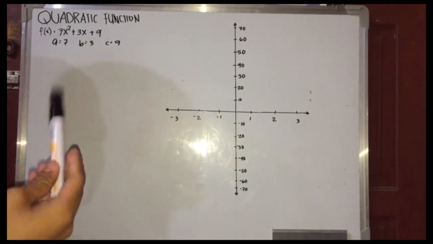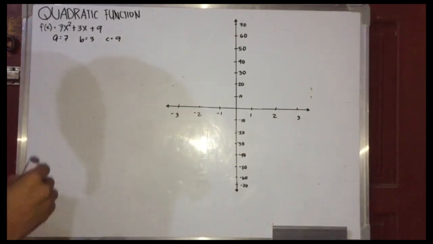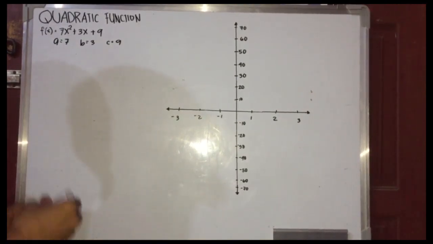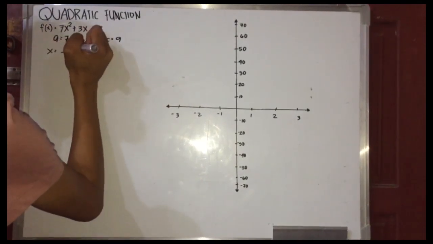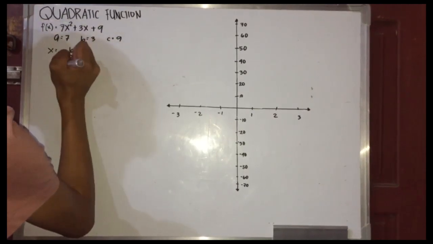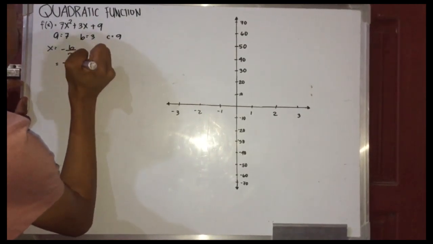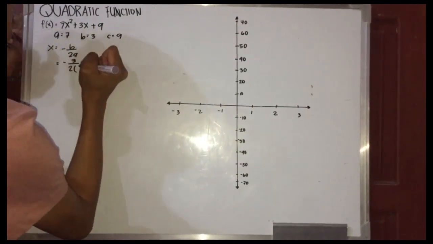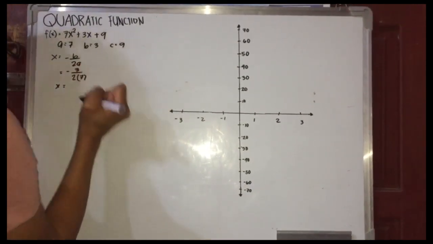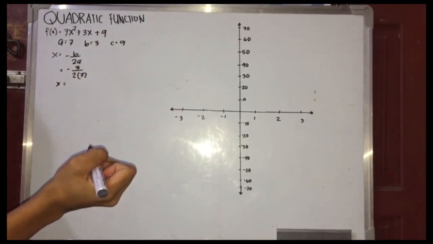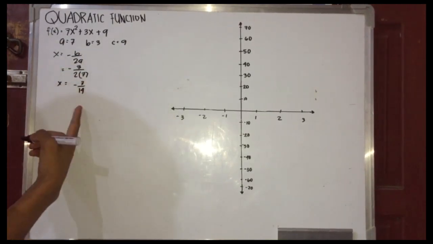In order to find the vertex, first we need to find its x-coordinate using the formula -b over 2a. Since b is 3, it is -3 over 2 times a, which is 7. So it is equal to negative 3 over 14. That's our x-coordinate.